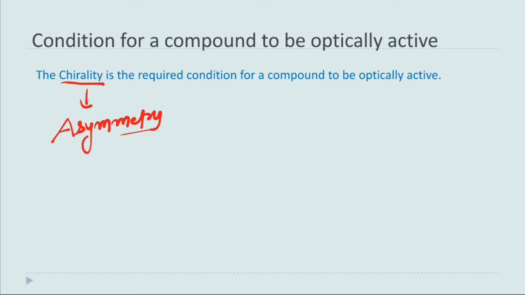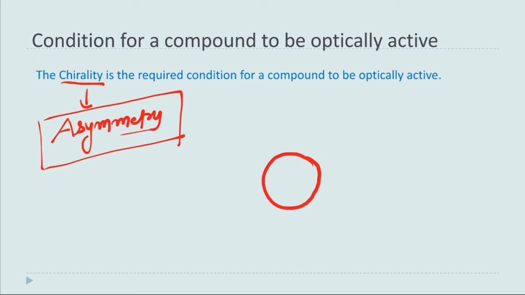Now what is the meaning of chiral or asymmetric? It means if there is no element of symmetry present in any compound, then it is asymmetric. What is an element of symmetry? Suppose I draw a circle. Okay, let's check the element of symmetry in this circle.